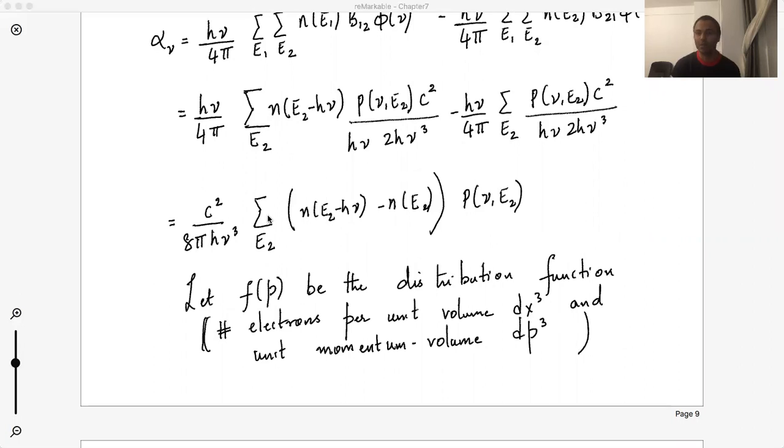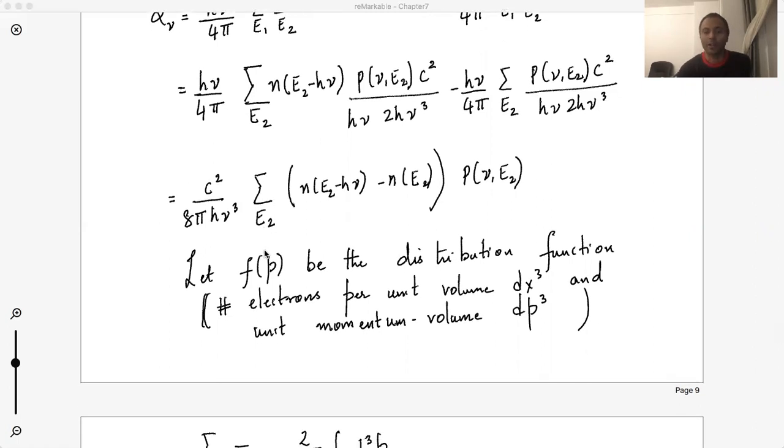We don't have a quantum mechanical system with discrete energy levels. So we need to replace this summation with some kind of integration over, let's say, the electron energies or the electron momenta. That would be the final step in writing it in a purely classical formalism: to get rid of this summation and replace it with an integral over the electron momentum distribution, for example.